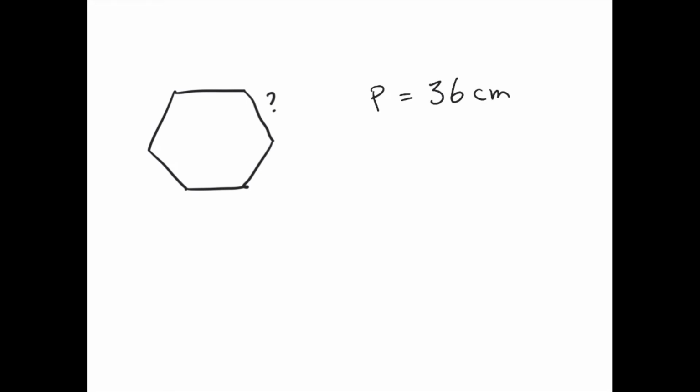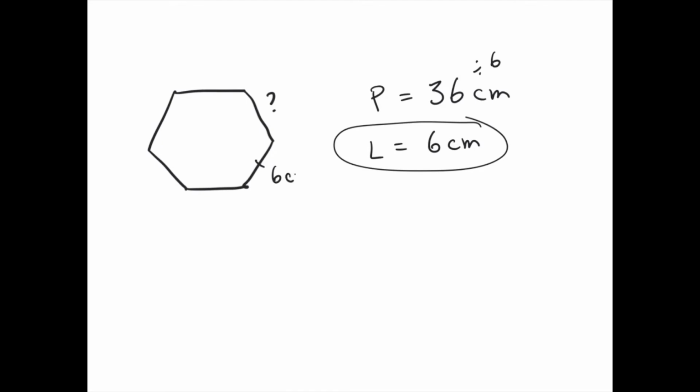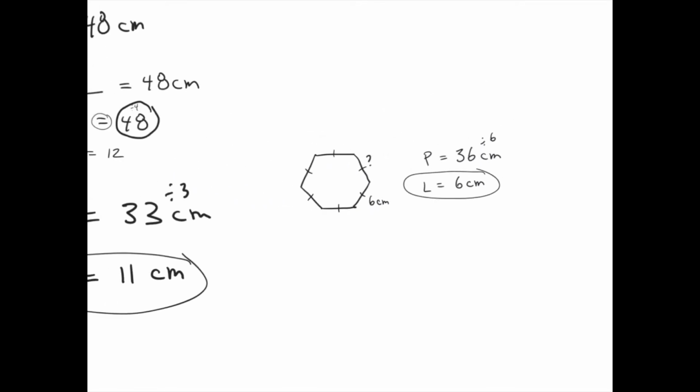Well, the total of all 6 sides is 36, so I need to divide this by the number of sides, which would tell me that the side lengths are 36 divided by 6, which is 6 centimeters. And again, since this is a regular polygon, all 6 sides are the same, and we've done it.